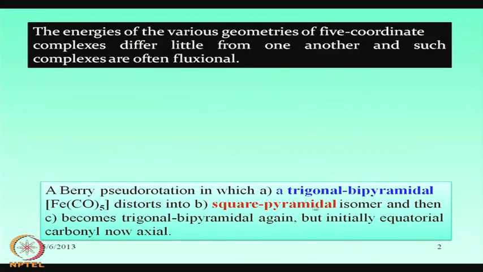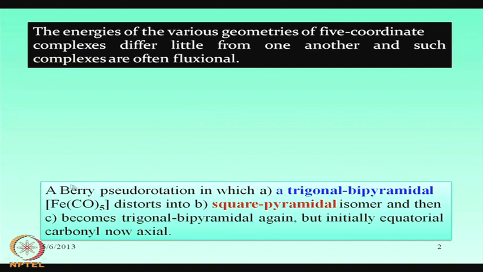And if we have these two geometries which are interconvertible, meaning we can go from one geometry to the other with a slight energy change, then if we move from a trigonal bipyramidal geometry to a square pyramidal one or vice versa, one isomer will have a different geometry from the other, and we consider a typical pseudo rotation.